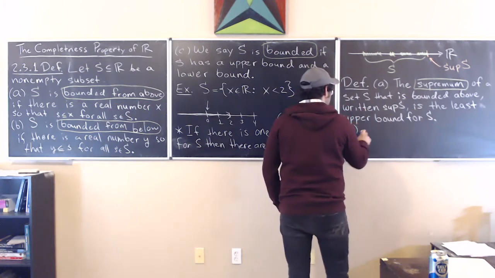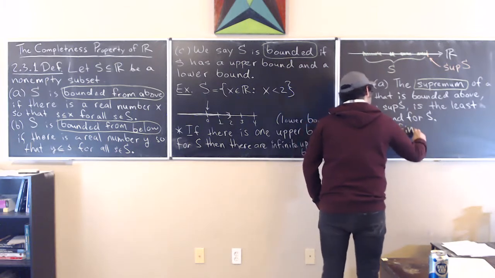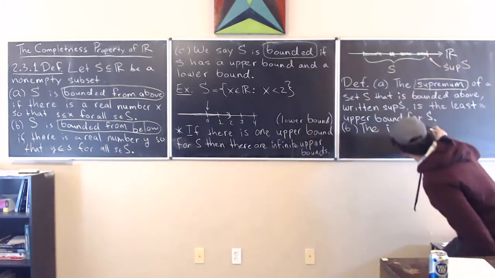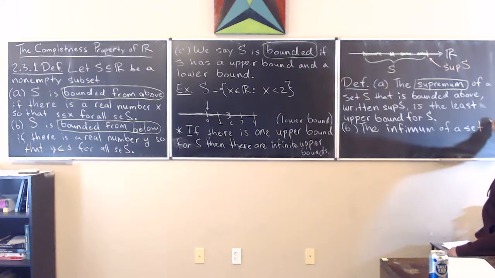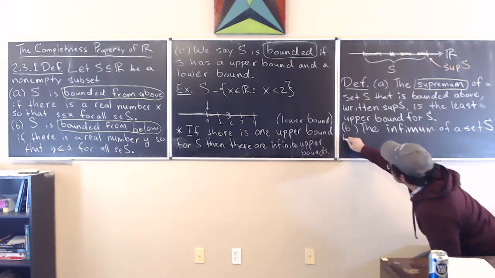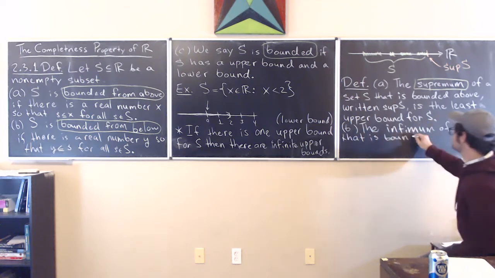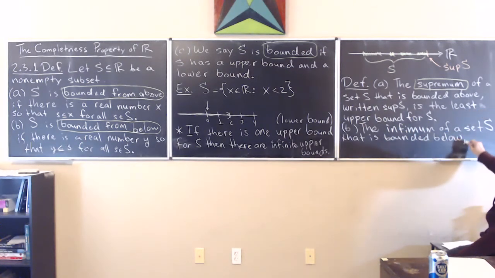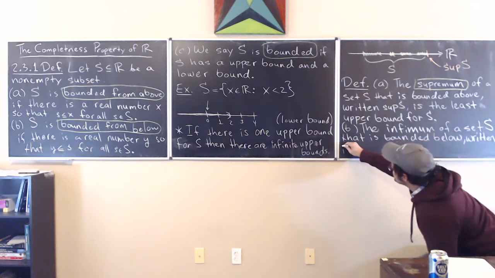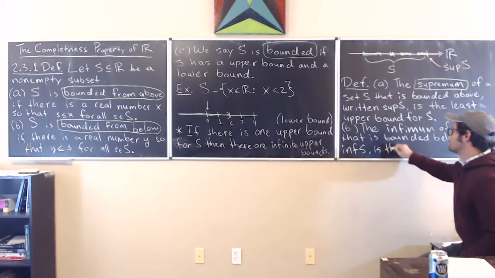So part B, the infimum of a set S that is bounded below, and this is written inf S, is the greatest lower bound.